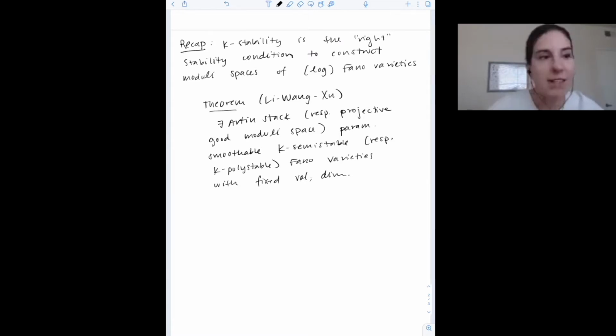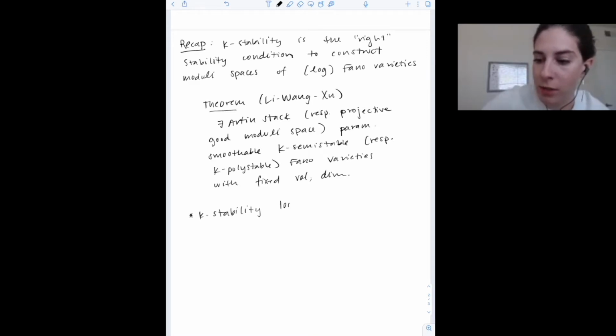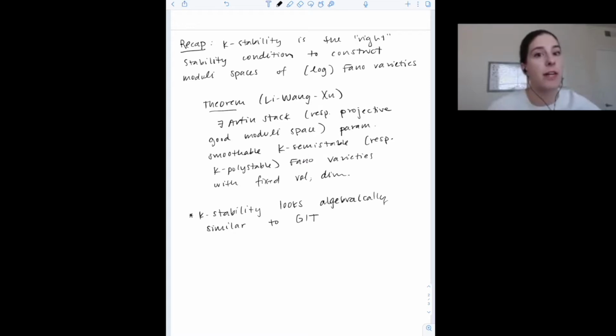And to give you just an idea what this K-semistable condition is, it looks, perhaps if you're more familiar with it, algebraically similar to the conditions you put on varieties when you're talking about GIT.